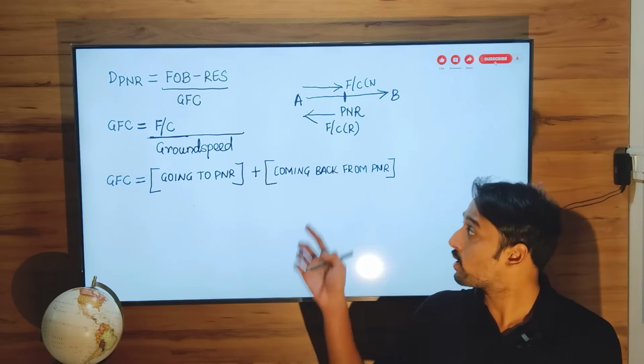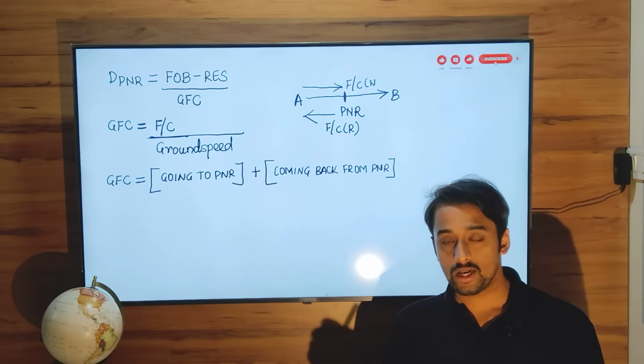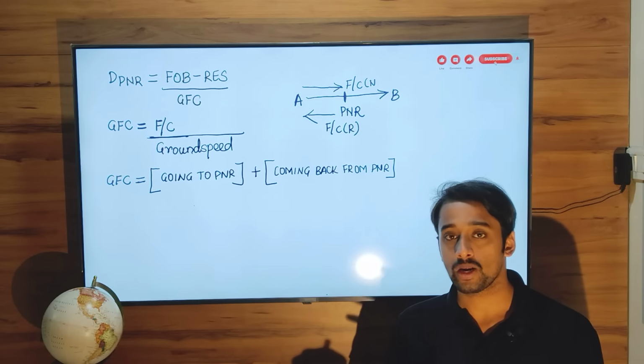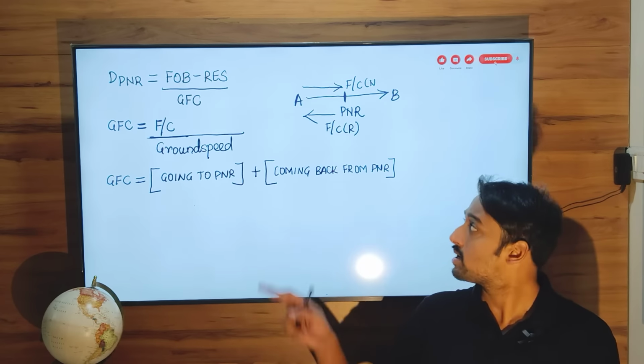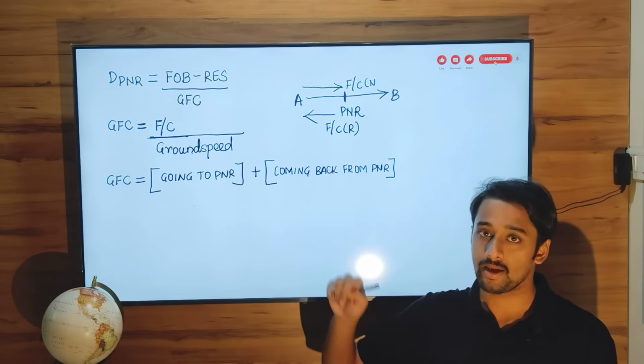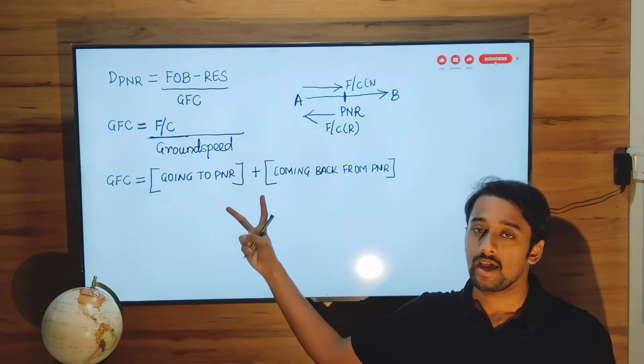No. From there, you are going to turn back and come to land at point A. So we are going to calculate the gross fuel consumed: for every nautical mile, how much fuel is consumed when going towards PNR and how much fuel is consumed while coming back.